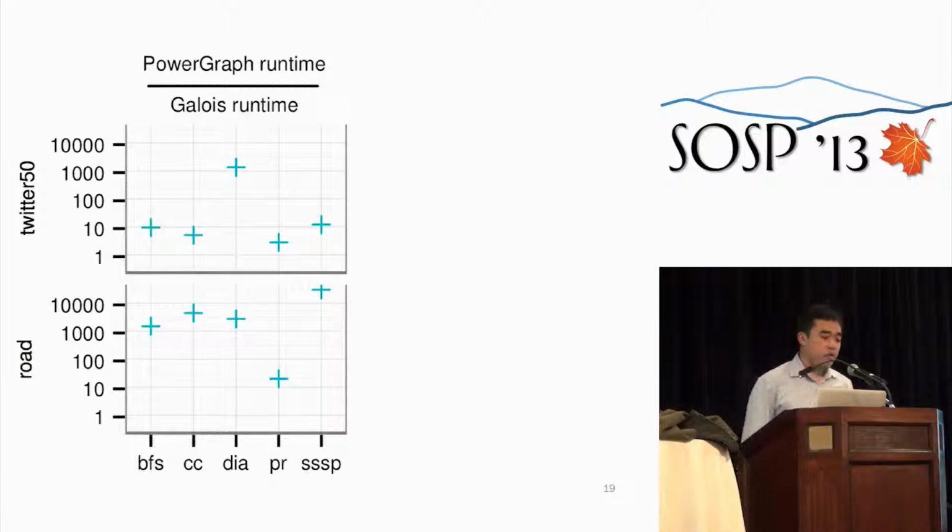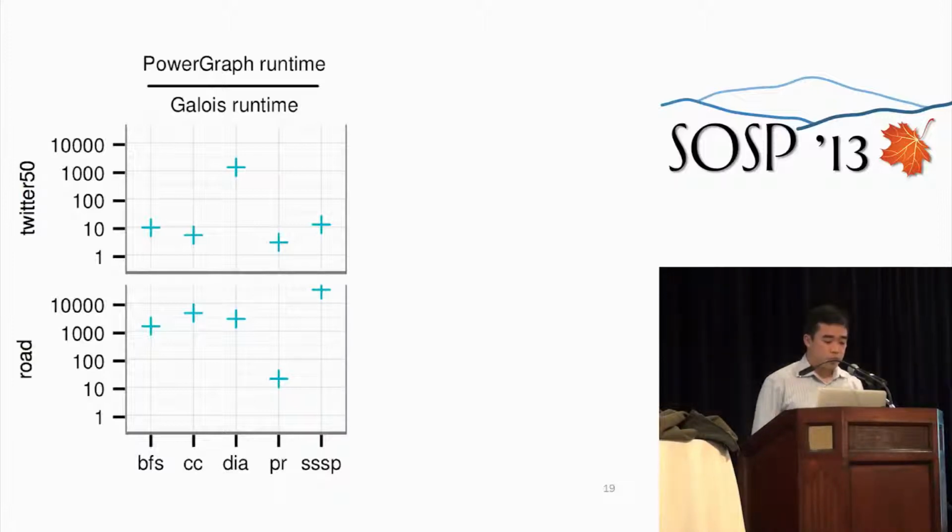We did a similar comparison with PowerGraph. Here, again, the top figure shows the Twitter graph. The bottom shows results on the road network. Again, x-axis is BFS, connected components, computing the approximate diameter of the graph, PageRank, and single source shortest paths. Again, these are runtime ratios.